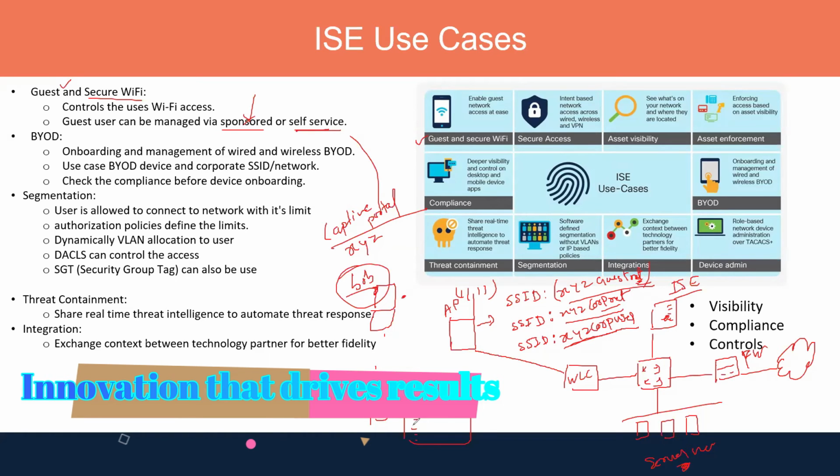In that case as well, I would create their credentials on the Cisco ISE, because Cisco ISE can provide a sponsor page for different departments. There they can log in, create the username and password, and provide it to their client so that the client can access the internet. So this is one of the ways using which we can control guest and secure Wi-Fi access.